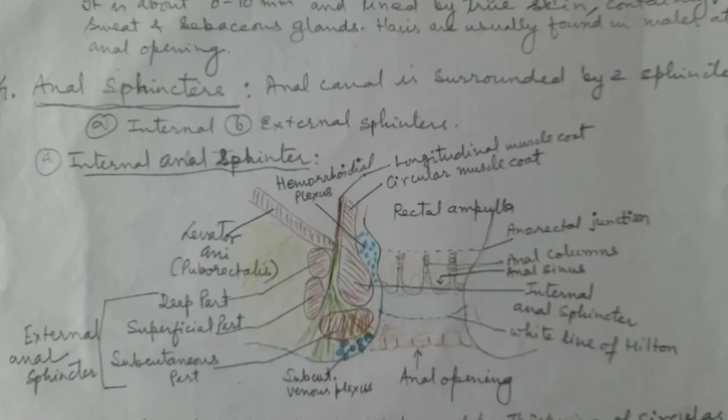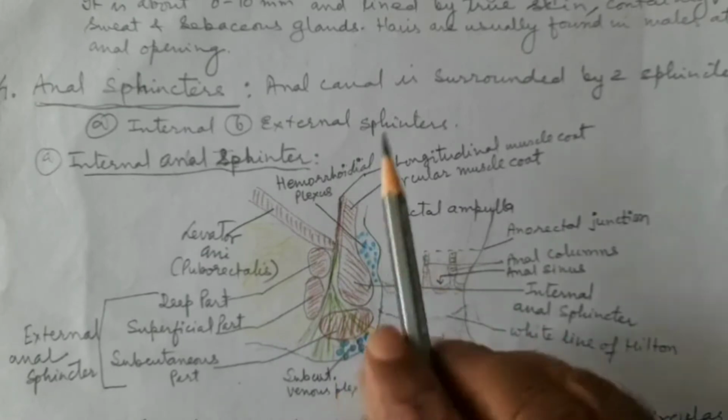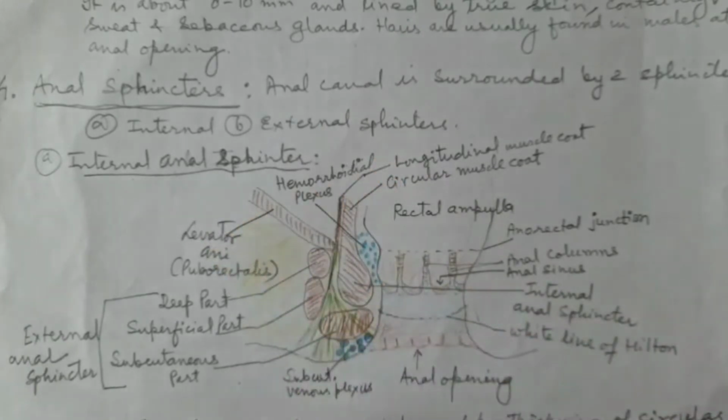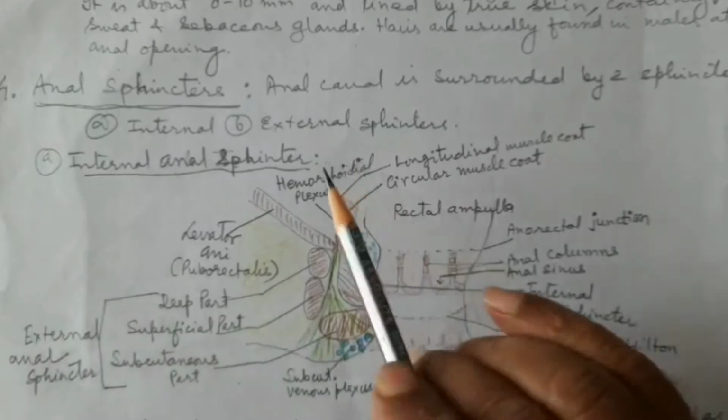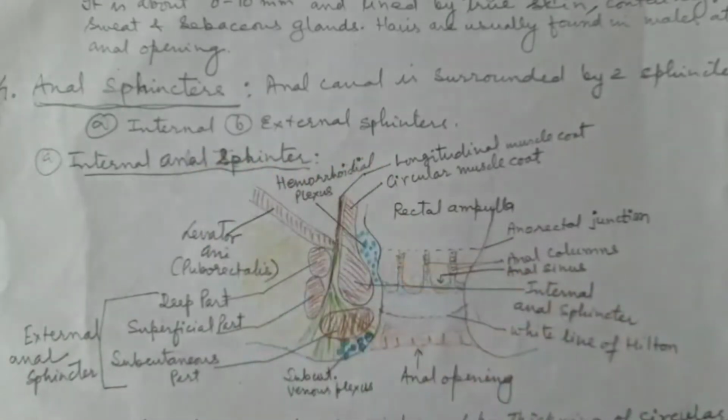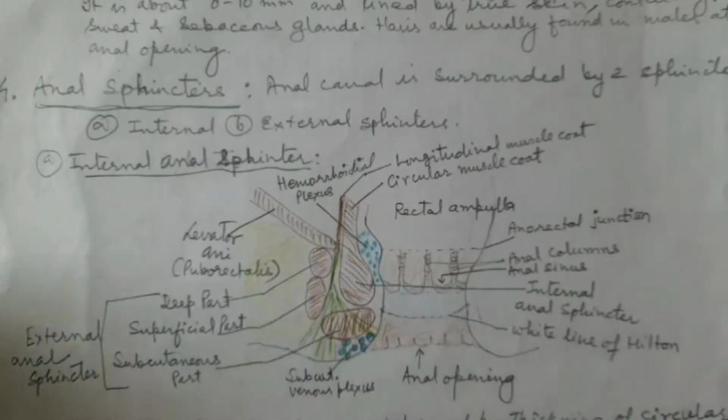The internal sphincters are made up of smooth muscle, while the external sphincters are made up of skeletal muscle. Let us first come to the internal sphincter, which is smooth muscle in nature.